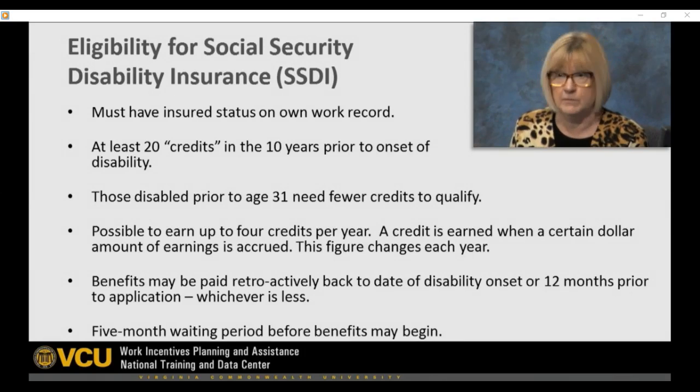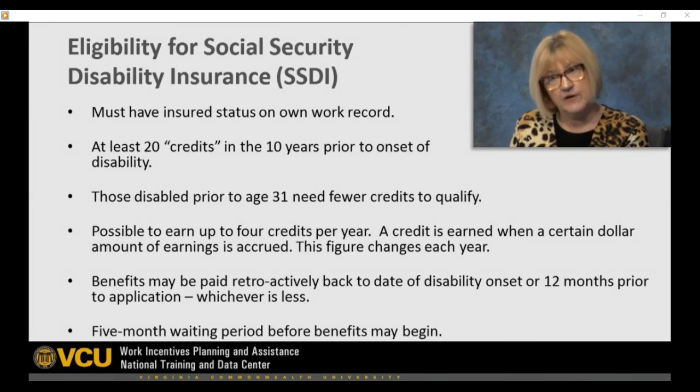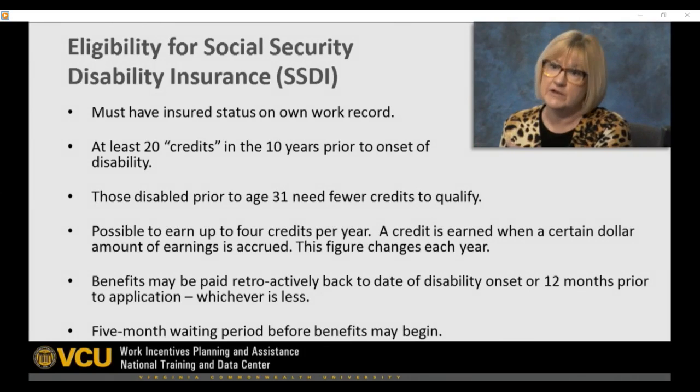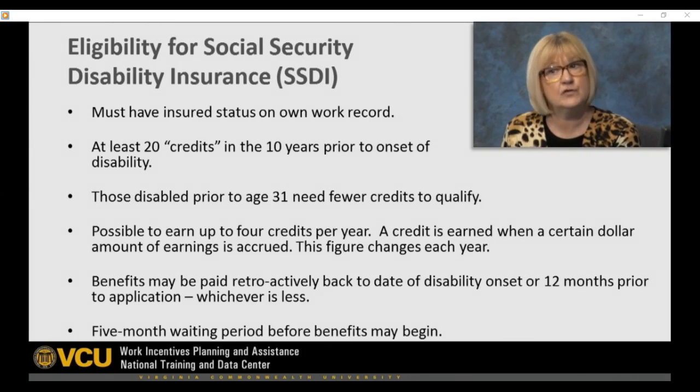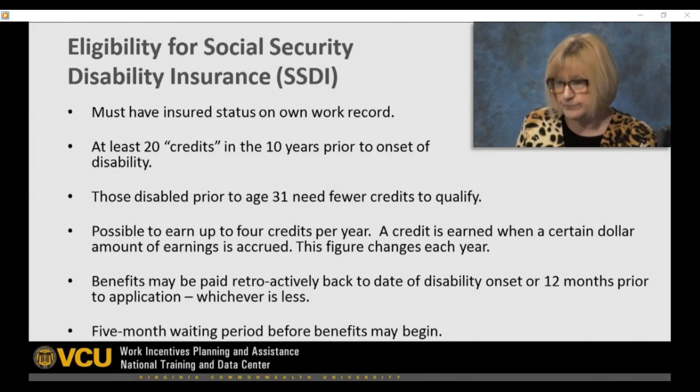All right, that's just something to know. There's no way to waive that. It just is what it is. And then Medicare begins, or you can enroll in Medicare 24 months later. So you have to pass the 5-month waiting period first, then you have to serve 24 additional months, 2 years, right? And then you can enroll in Medicare.